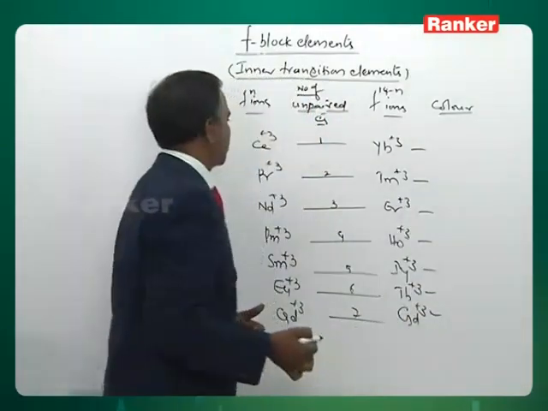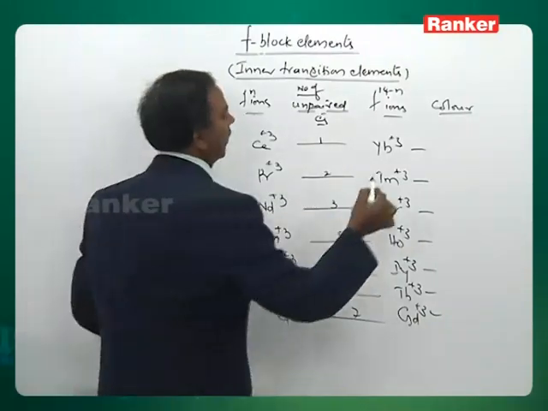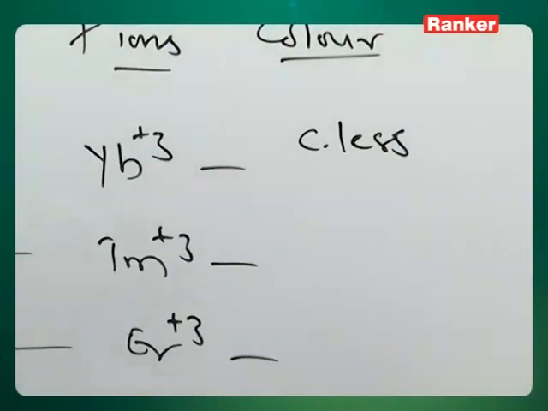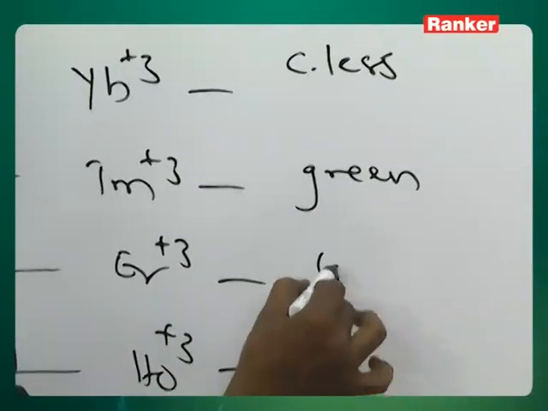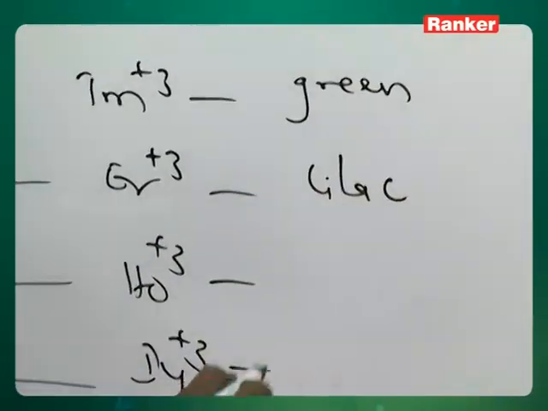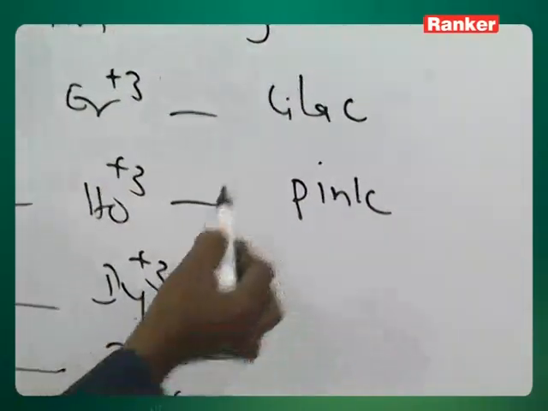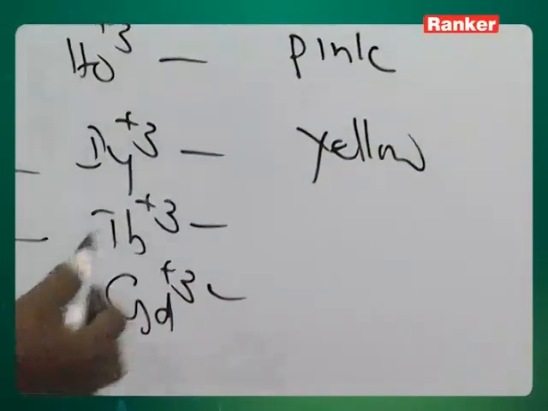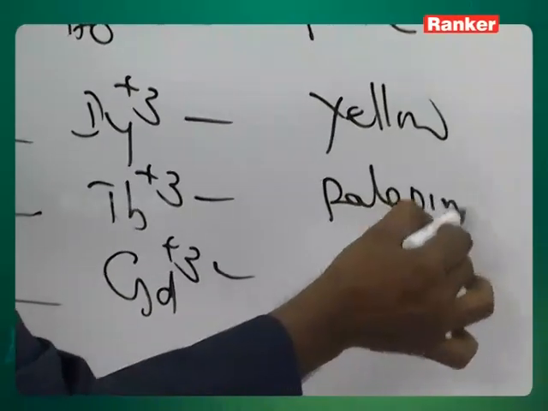Now look here. The f1 configuration is colorless, as I said, therefore the first pair is colorless. The second pair exhibits green color, the next one is lilac, and the third is pink in color. The fourth one is yellow, then pale pink.